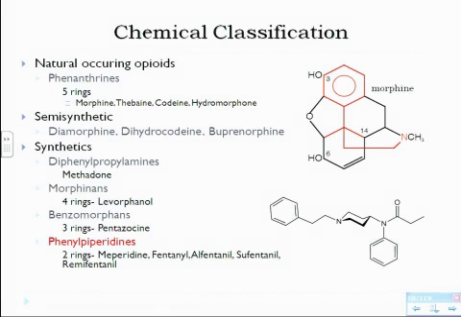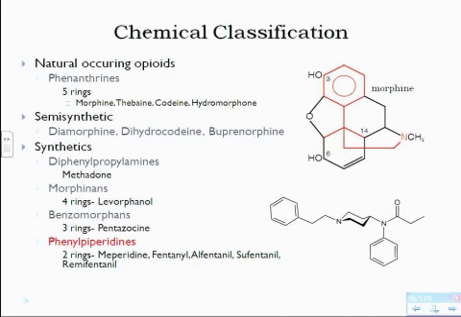On the other hand, you have your semi-synthetics, which we almost never use, except for patients that are using outside the hospital. So I'm not going to talk too much about that. The synthetics, on the other hand, we do use quite a bit. The ones that we use almost exclusively in synthetics are what's called phenylpiperidines. Okay? The phenylpiperidines are really where you have to memorize.